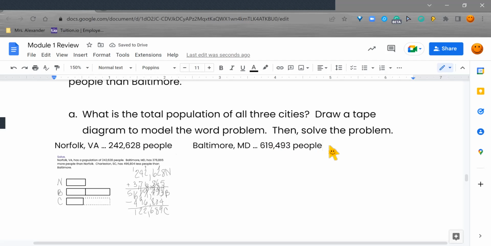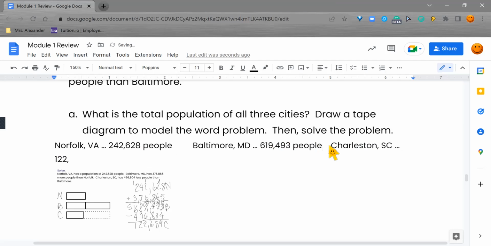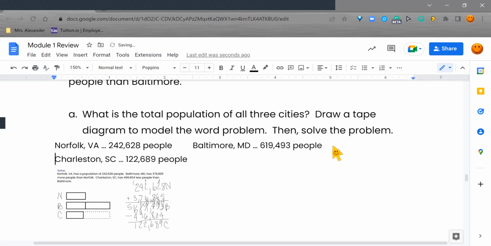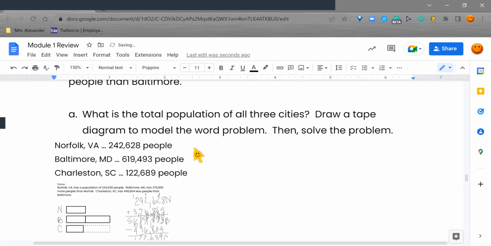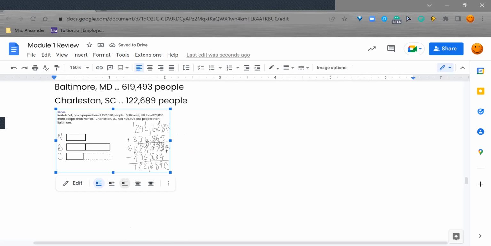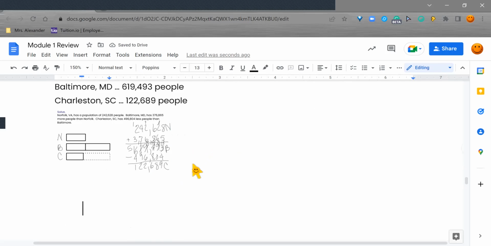And then I need to add in Charleston, South Carolina. And then they are 122,689 people. So because that went down, I'm just going to go ahead and put them in a list. This is going to come in handy when we're working on the rest of our problems.